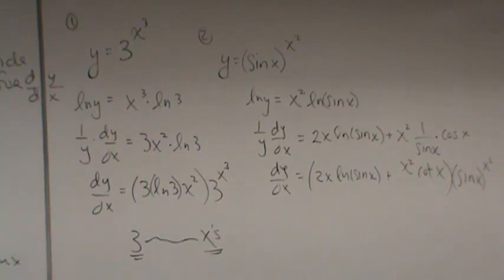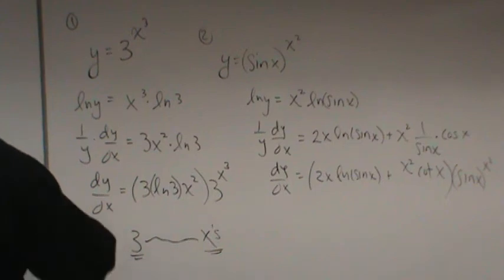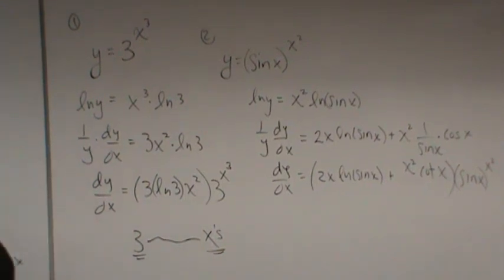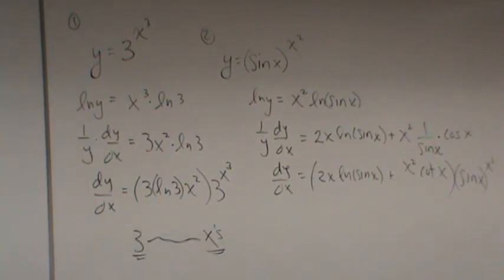There's one more thing I need to show you, although, were there any questions or issues on that problem? Then one more thing I've got to show you: taking the derivative of a log with a base other than e. I don't really have to teach you.